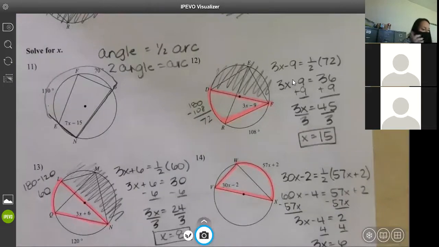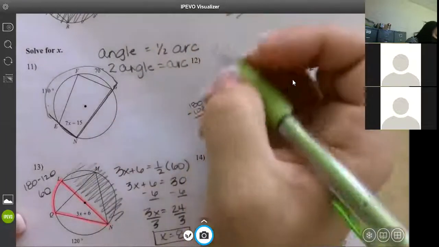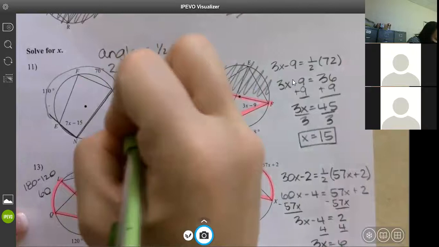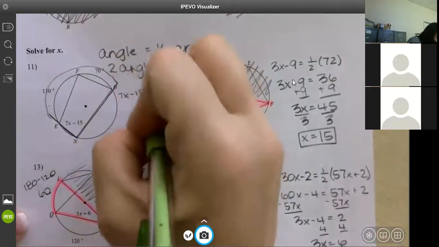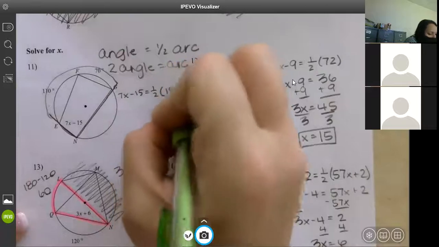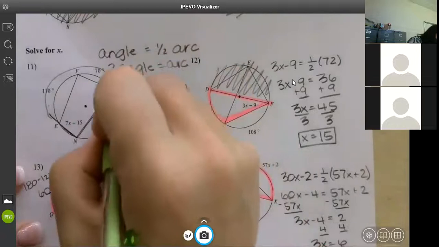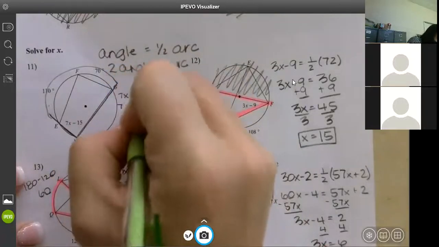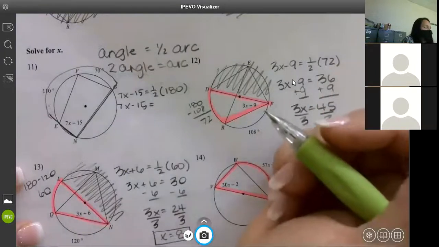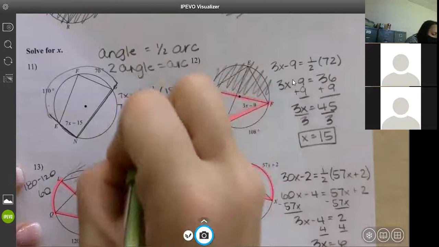It may be that quadrilateral thing. So half the arc equals the angle. The angle is 7x minus 15 equals half of 110 plus 170, which is 180. What's half of 180? 90. Add 15.